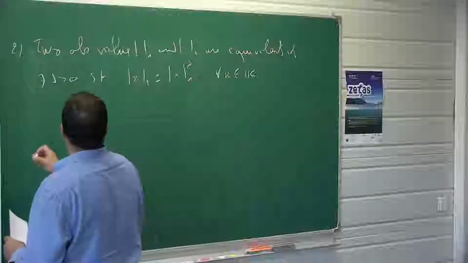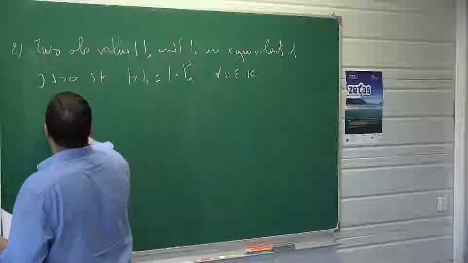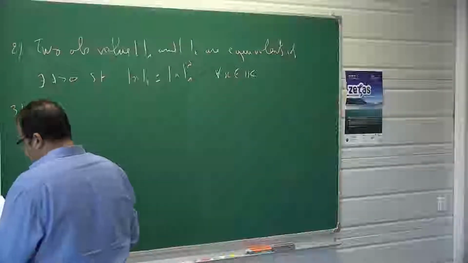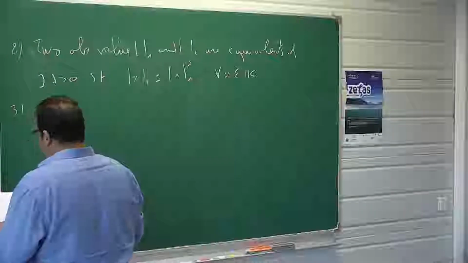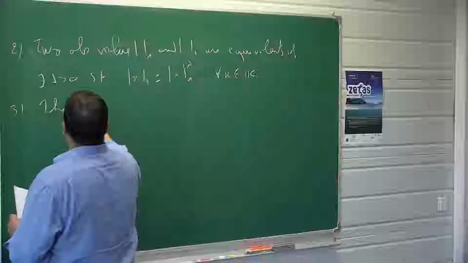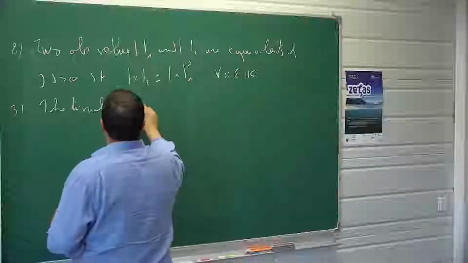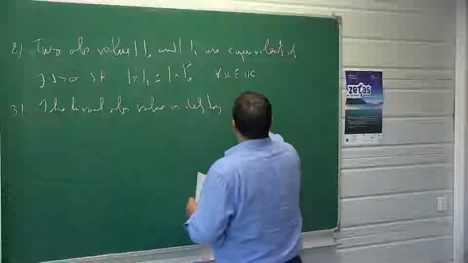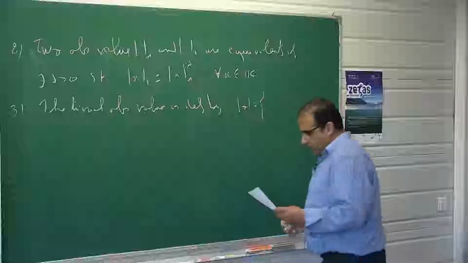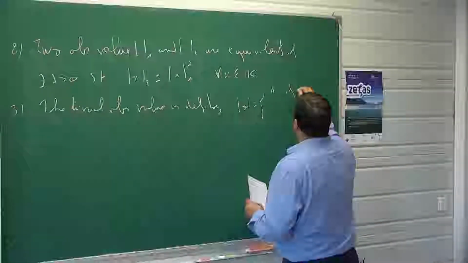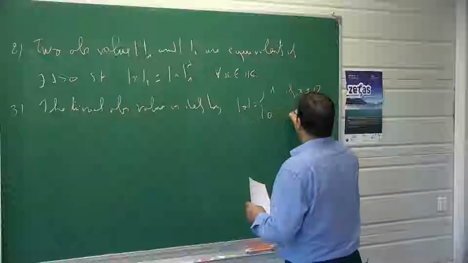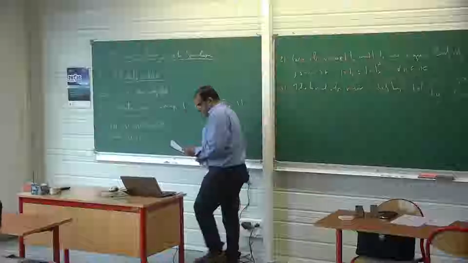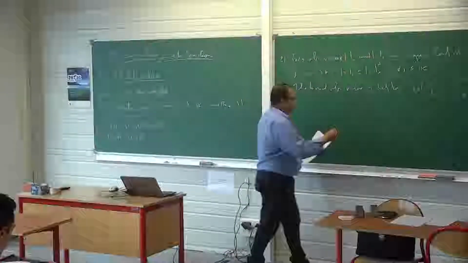This is an equivalence relation, and we define also the trivial absolute value by: the absolute value of x is equal to 1 if x is different from 0, and 0 otherwise. So this is just, I recall, the definition of absolute values.